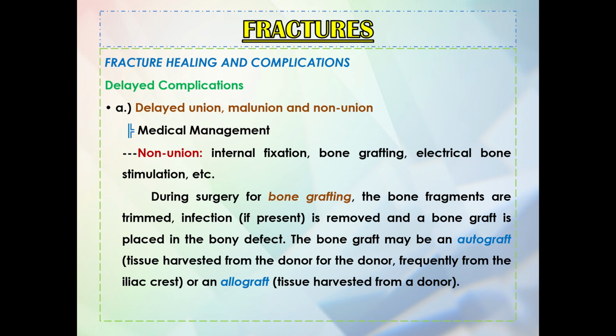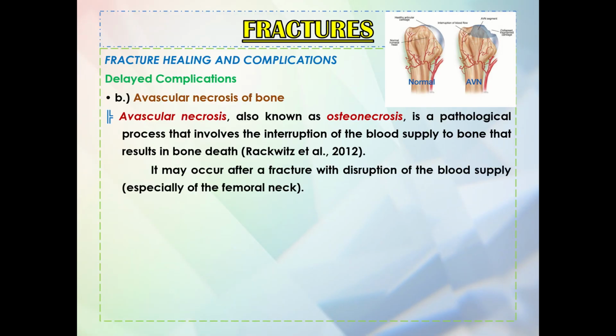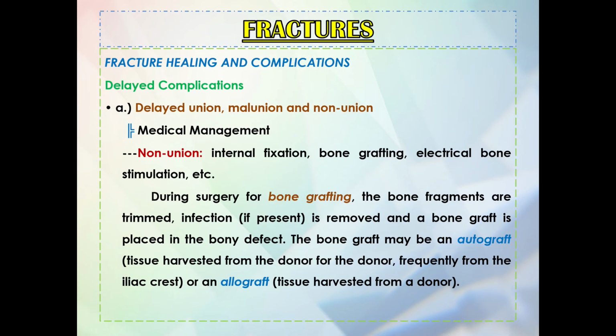So, pag allograft nanggaling sa ibang tao, pag autograft nanggaling mismo sa sarili natin. Okay, so that is bone grafting. Gumagamit tayo ng buto to correct the problem. So, that is the first delayed complication. So, delayed union, malunion, and non-union.